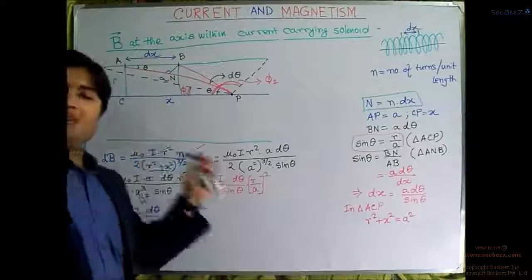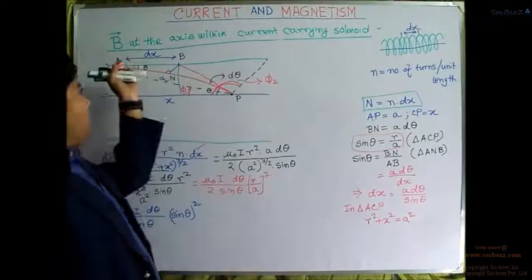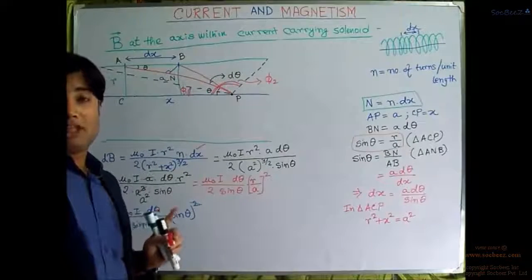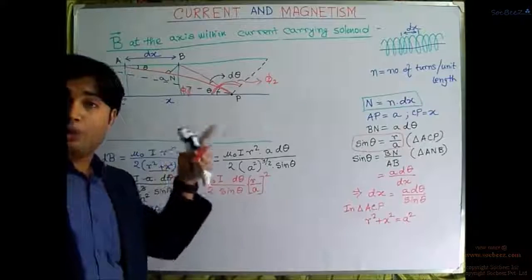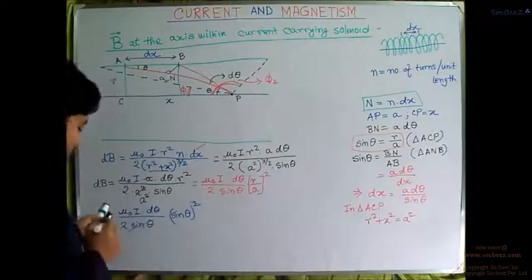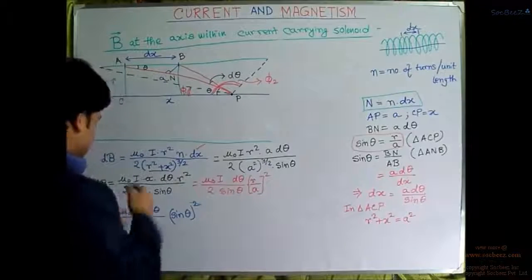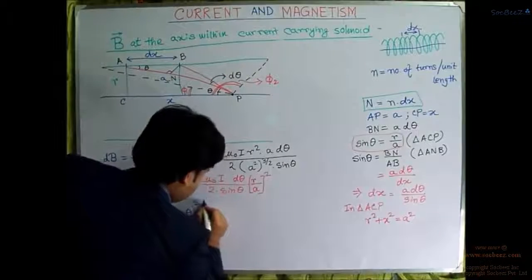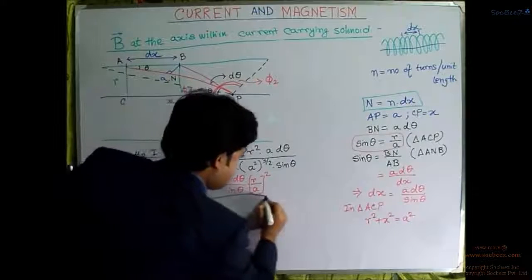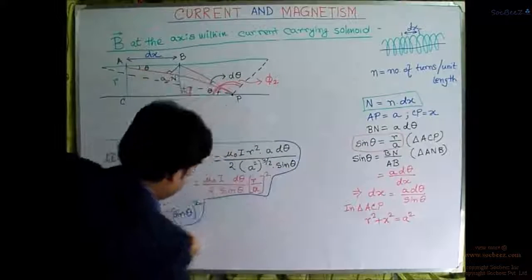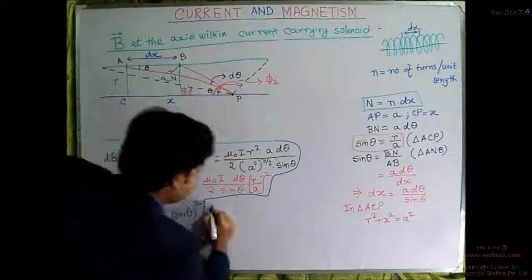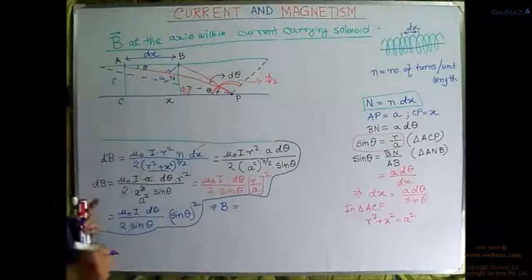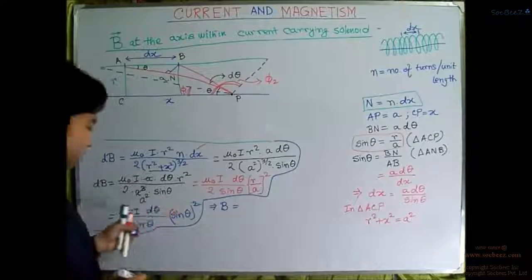So now whatever the dB we will get from starting over here up till over here, we need to integrate it. That means we are basically now going to integrate it from phi 1 to phi 2. So we can say that the total B will be equal to the integration of dB.